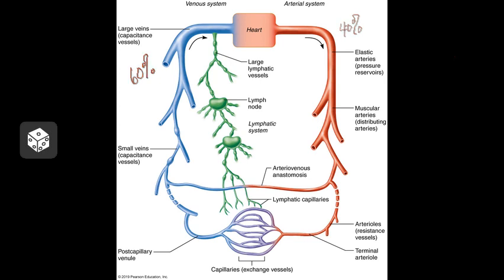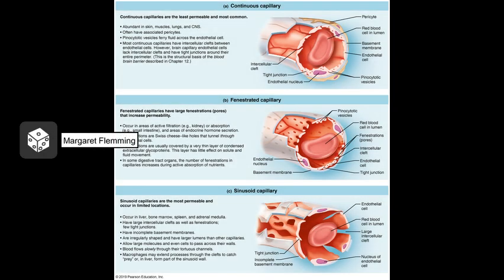All right, let's move to another slide then and talk more about capillaries. Let's talk about a couple of characteristics that are true for all types of capillaries. And that is the intercellular cleft and the pericytes. The intercellular cleft is a gap between endothelial cells. That means that the membrane of the capillary is leaky.